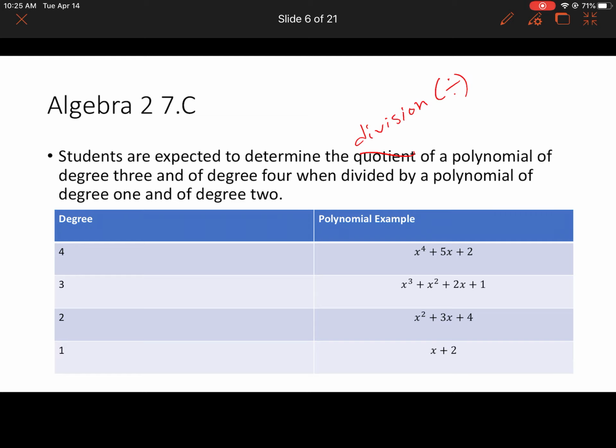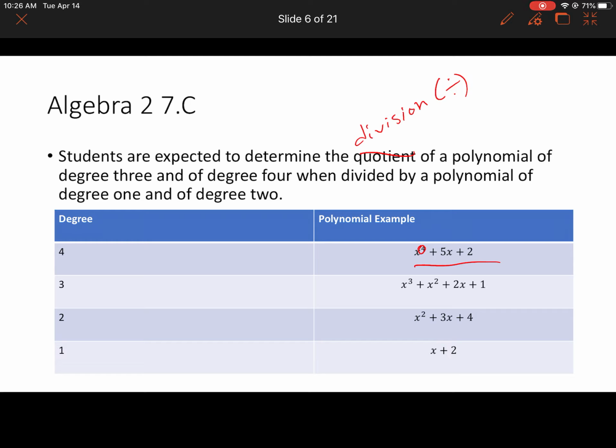In case you don't remember, the degree of a polynomial is basically the highest exponent of the polynomial. So if you have something that looks like this, your highest exponent in this case is 4. Therefore, your polynomial is of degree 4. That has nothing to do with the number of terms, just that exponent.